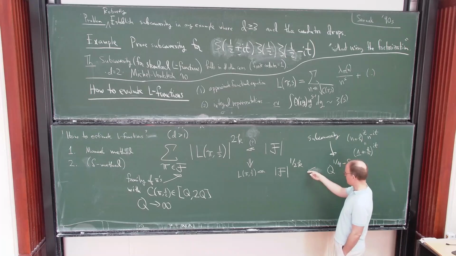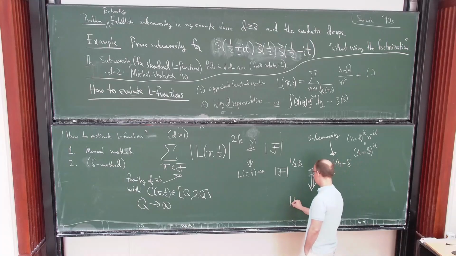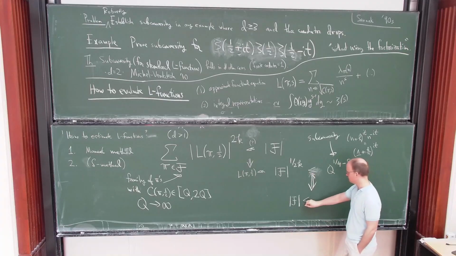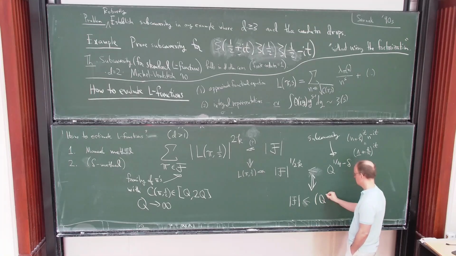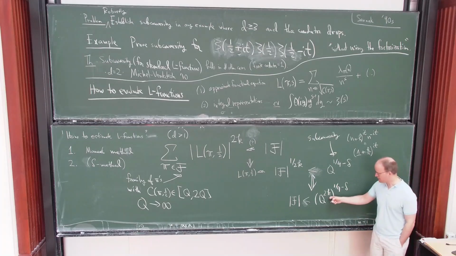And so you have an estimate like this, I guess, if and only if the family is small enough in terms of the conductor. And of course, you have a better chance of this happening the larger you take k.